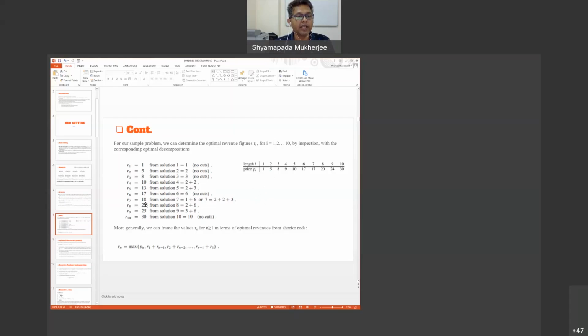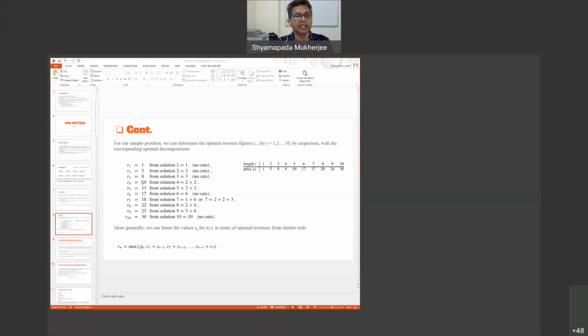Okay. So similarly for R3, if the length of the rod is 3, then we can cut it into 3 pieces 1, 1, 1. That will give a solution of 3. But if we cut it into 1 and 2, it will give 1 plus 5, that is 6. Okay.